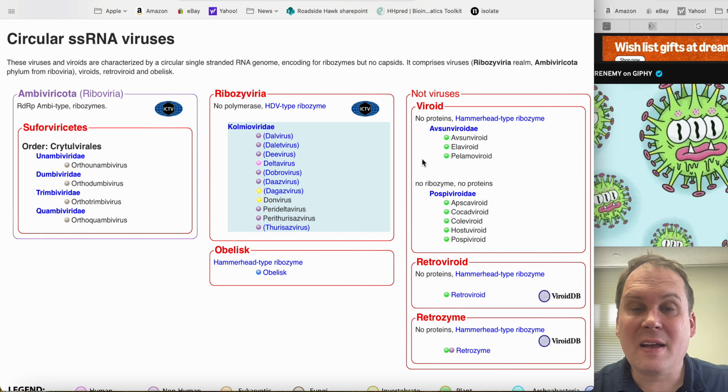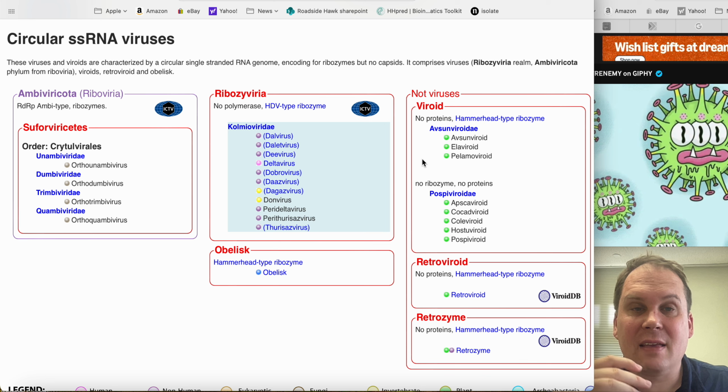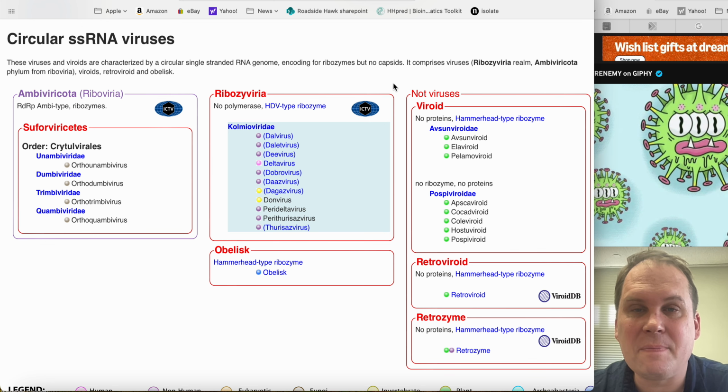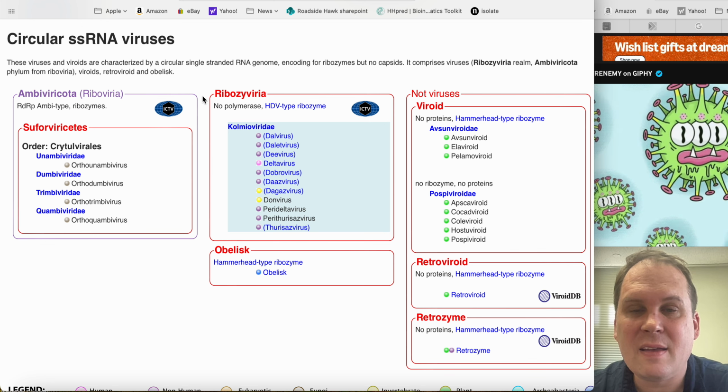Viroids are like one of these things, these little RNA viroid-like things that do encode a protein. But they still don't encode enough to really truly be viruses in my book, but they're kind of categorized as if they were.